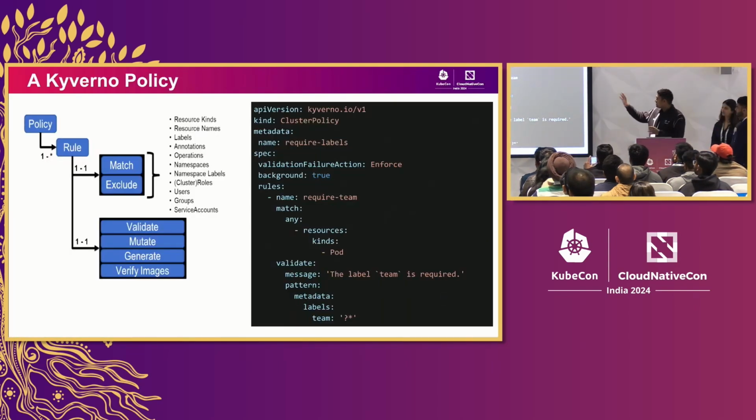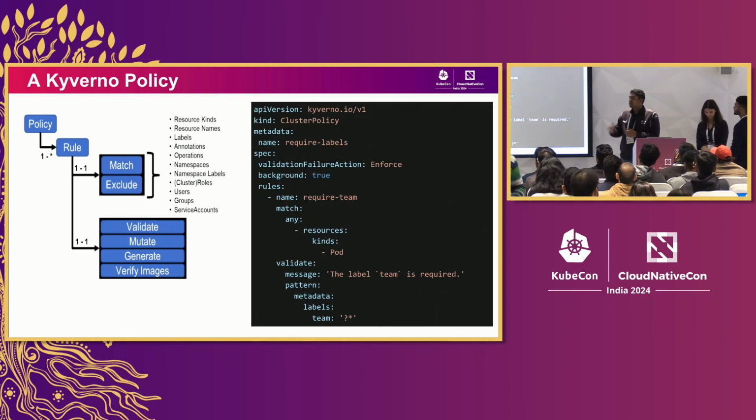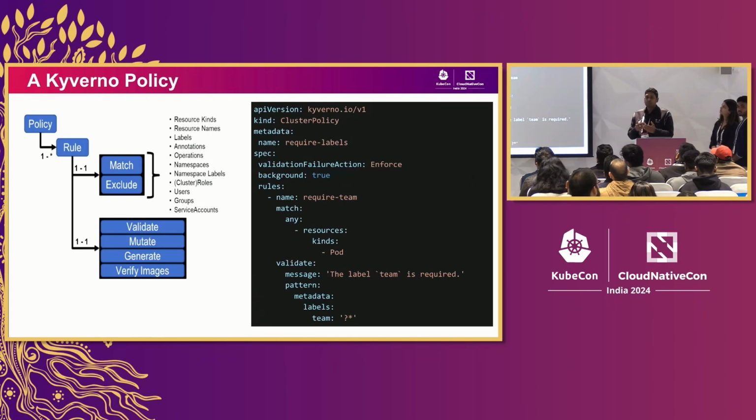As you can see here, a policy contains multiple rules, right? And inside each rule, there are two subsections, where one section tells you what resources it has to match. So it has a match and exclude section, which defines which resources you want to apply this policy to, or which resources you want to exclude from the policy execution, right?